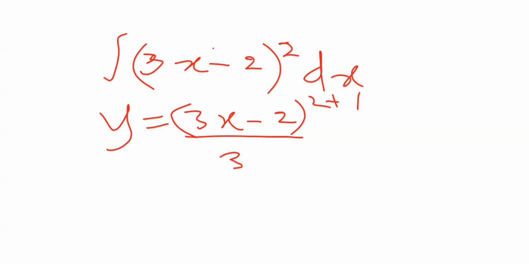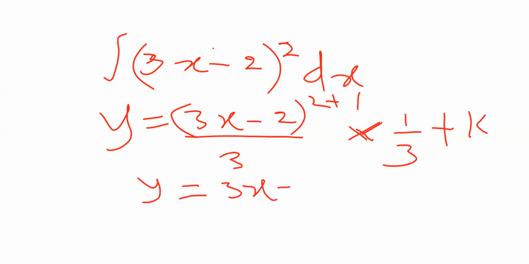Is it times? Okay, it's times 1 over. Yes, now you multiply by the inverse of the differential coefficient, then plus what? Then our answer will be 3x minus 2, all raised to power 3, all over 9, plus k.